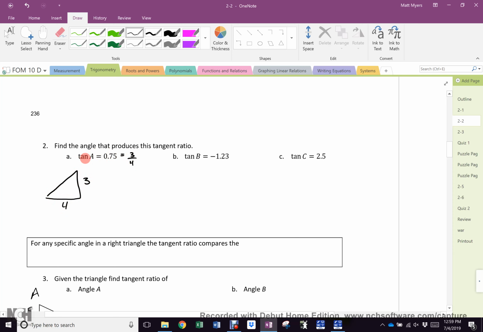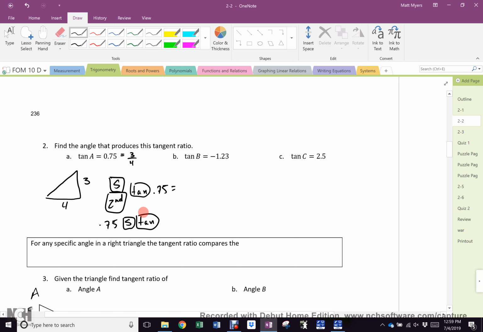It's backwards. Instead of doing tan, you have to push shift or second function, whatever your calculator has. If you've got a forward calculator, you will go shift tan 0.75 equals. If you've got a backwards calculator, you will go 0.75 shift tan.